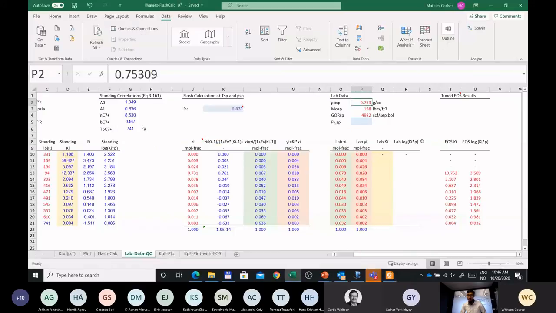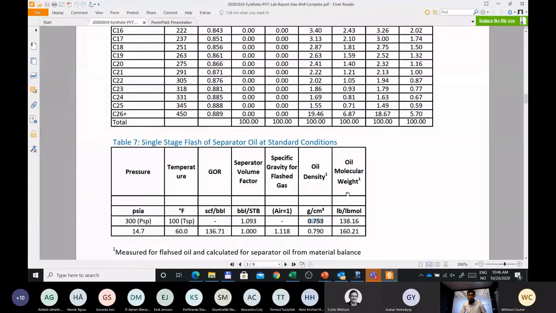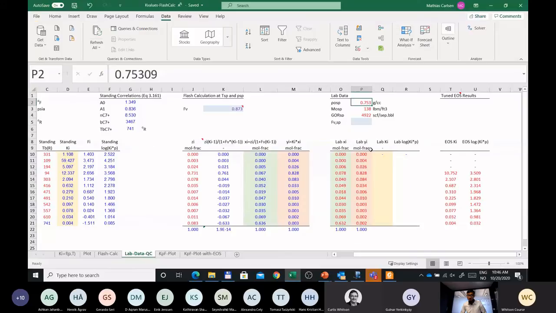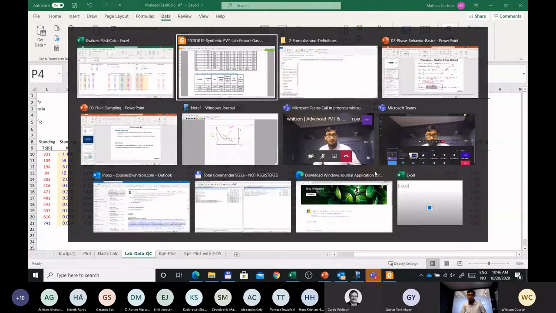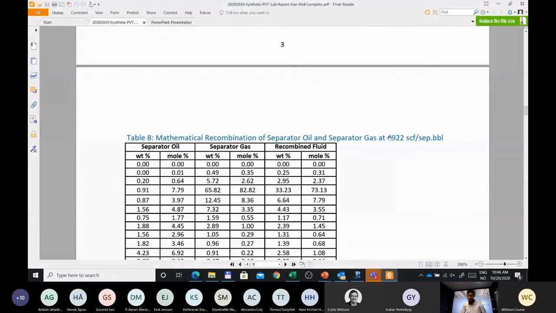Yeah, 0.753 gram per cc. That's the density given in the PVT report. Then we have the molecular weight of the separator oil, 138.16, and that should be here. And then the GOR 4922, we saw that yesterday. That's the GOR for the recombination the lab has used.